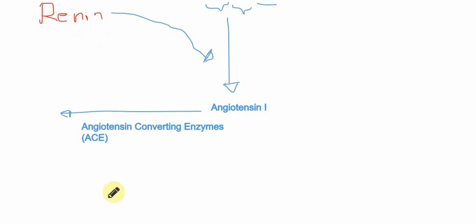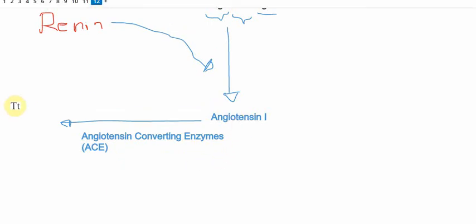Do not confuse ACE with AChE, which is acetylcholinesterase, which breaks down acetylcholine when it's used as a neurotransmitter at our neuromuscular junctions. So this angiotensin converting enzyme converts angiotensin 1 into angiotensin 2.